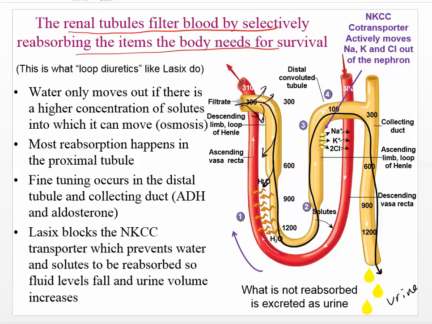Then in the descending loop, we have water being reabsorbed, and then in the ascending loop, we have salts, specifically sodium, potassium, chloride. Salts are being reabsorbed. And then over here in the distal tubule and the collecting duct, that's where we have hormonal control. Things like aldosterone may say, okay, we're going to reabsorb more sodium.